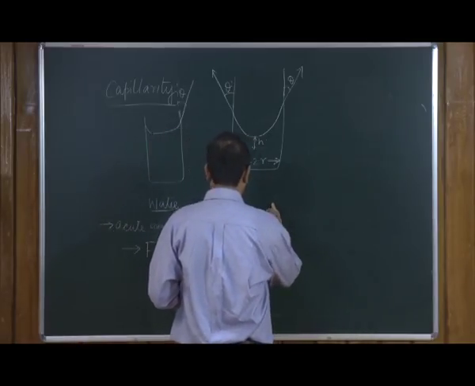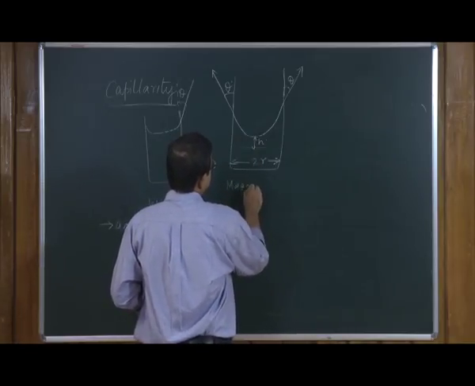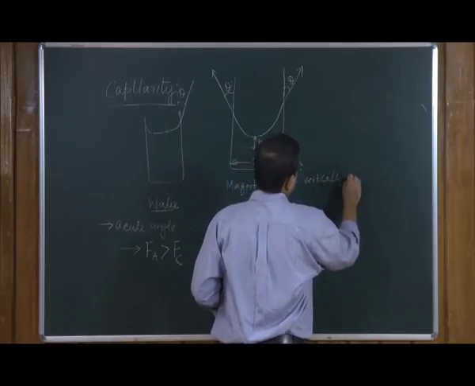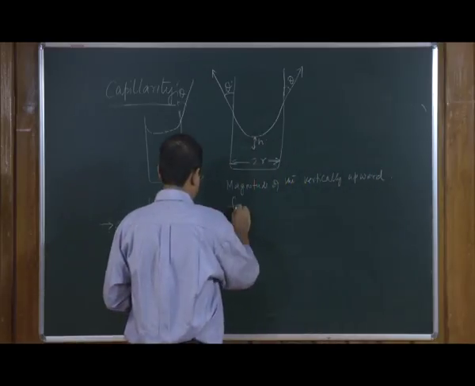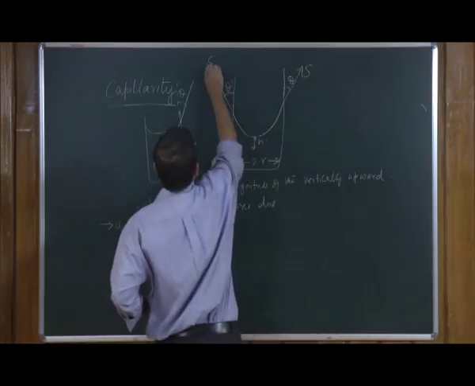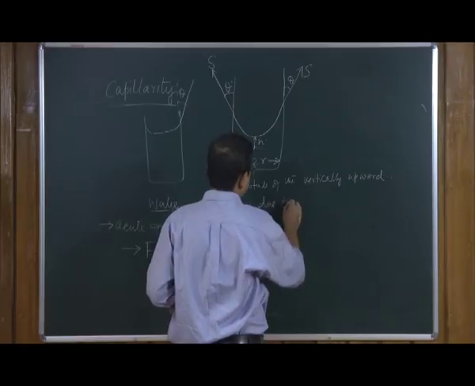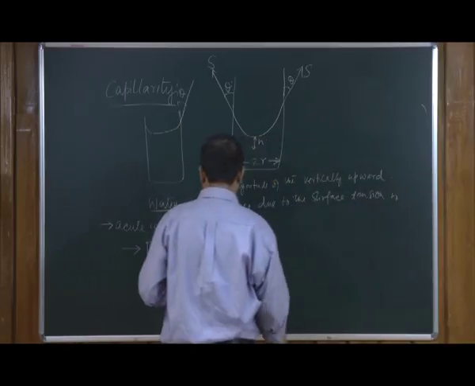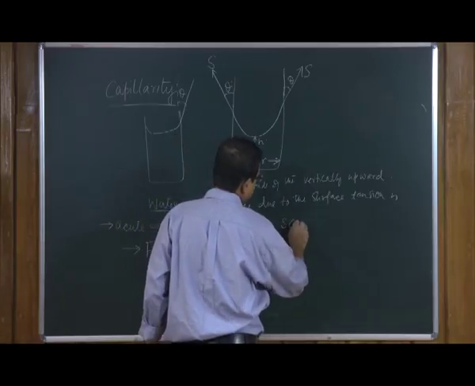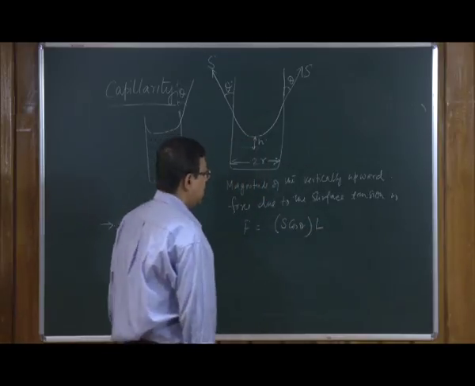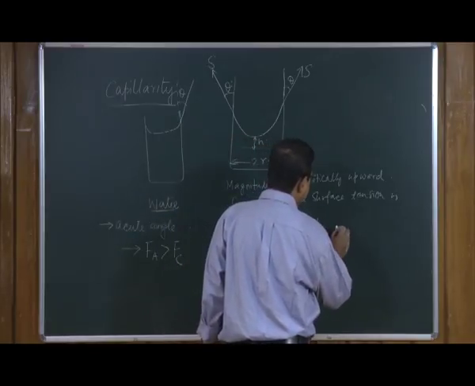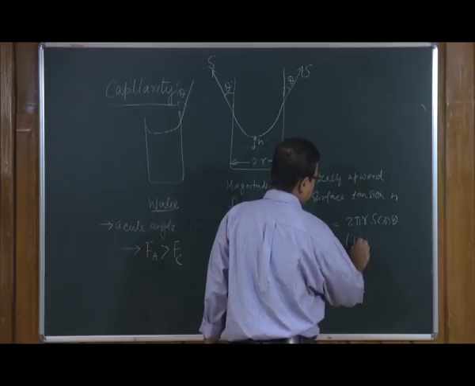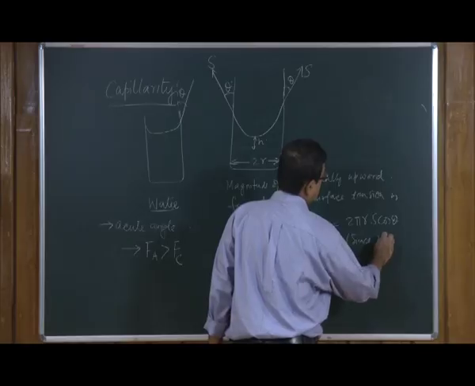So, the magnitude of the vertically upward force due to the surface tension is F equal to s cos theta into L. That is the definition of surface tension, and L is equal to 2 pi r, so the force is 2 pi r s cos theta.